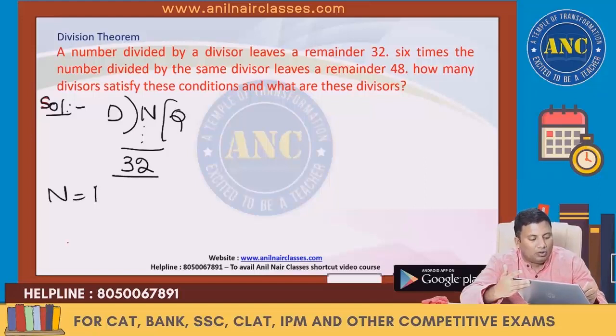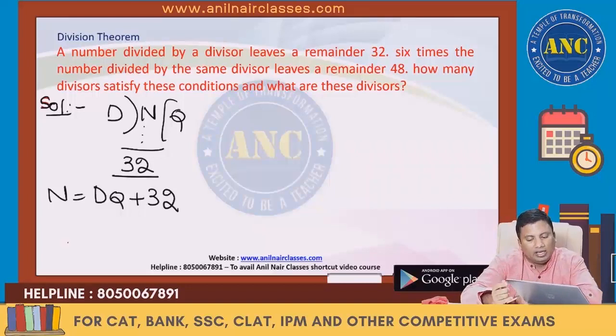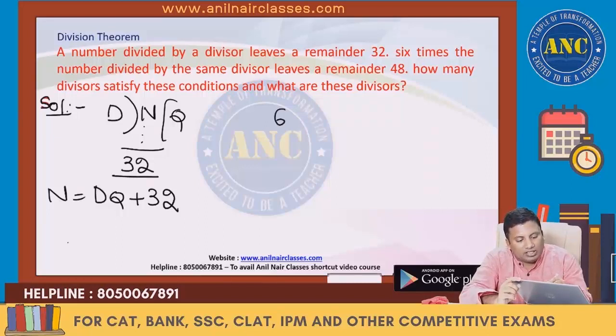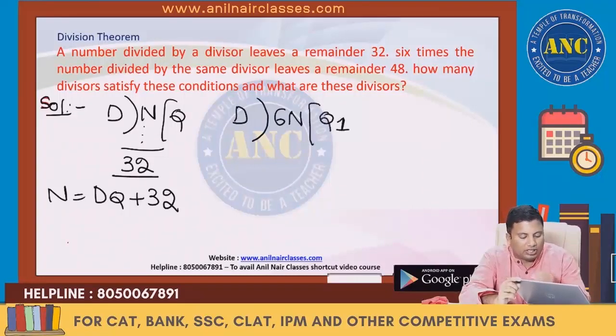Dividend equals divisor into quotient plus remainder: dQ plus 32. 6 times the number, 6n, when divided by the same divisor d, gives a different quotient q1.